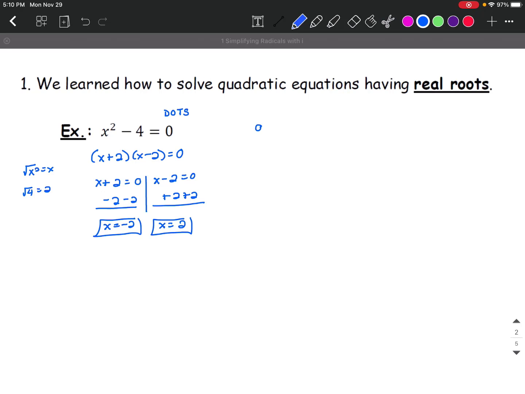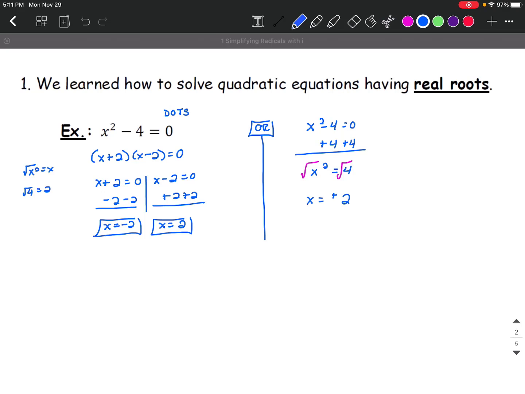Now, there is another way to look at this same equation. It is possible to add 4 to both sides and say that x squared equals 4. Now what we would want to do is take the square root of both sides. But, and this is why we don't do this very often, the square root of 4 is not just 2 because it wasn't written as the principal positive square root of 4.